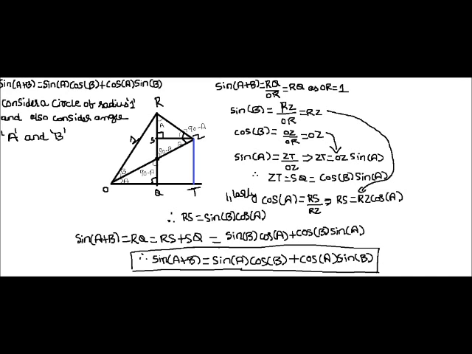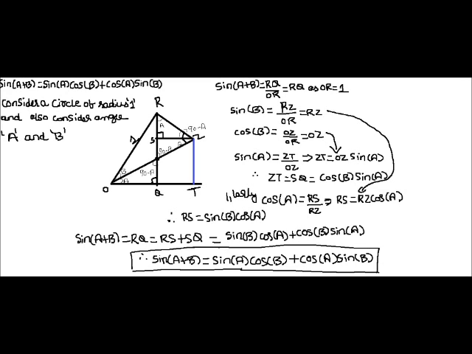So consider this right angle triangle. O is the center of a circle and the radius of the circle is 1. Now sine of A plus B is RQ by OR, so sine of A plus B is RQ because OR, which is our hypotenuse, is 1.